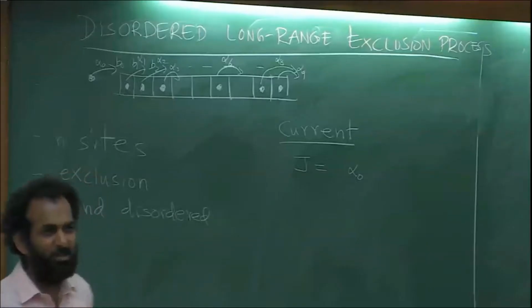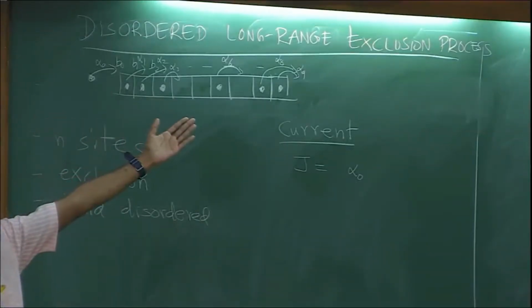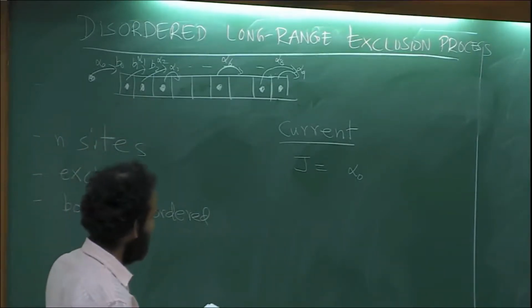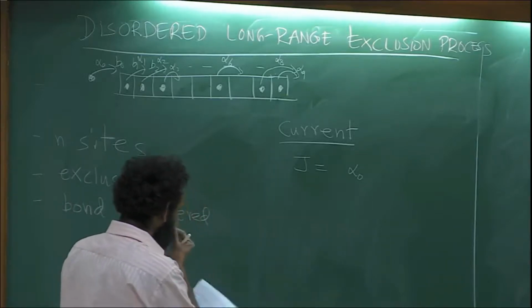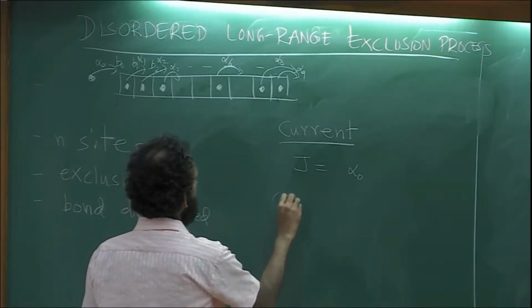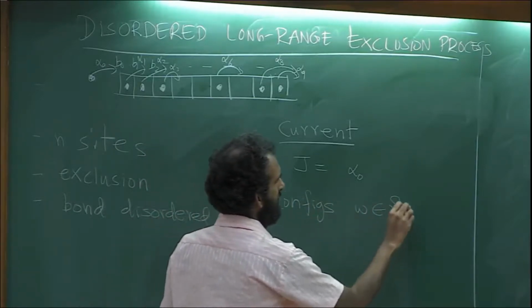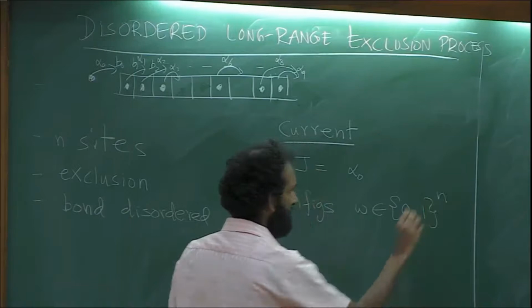In particular, if all sites are occupied and a particle wants to jump, it will just zoom through the system and exit, so nothing will change. I'll denote my configurations by W, which will be binary words of length n.